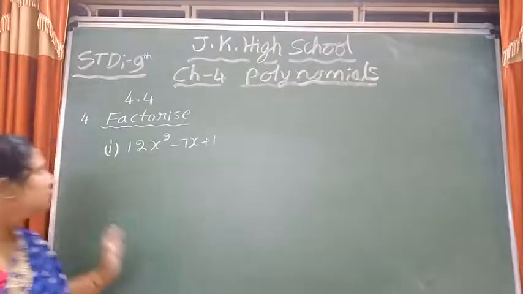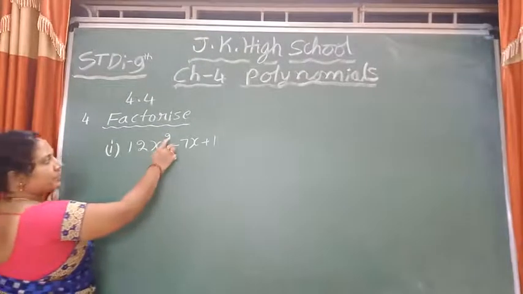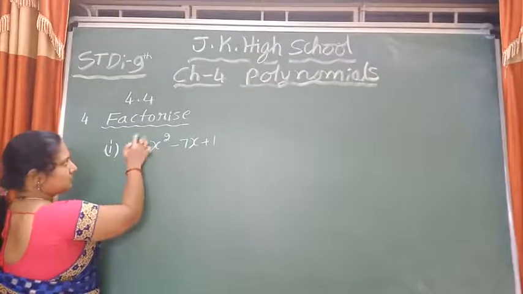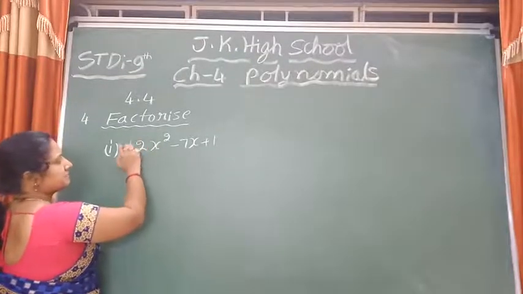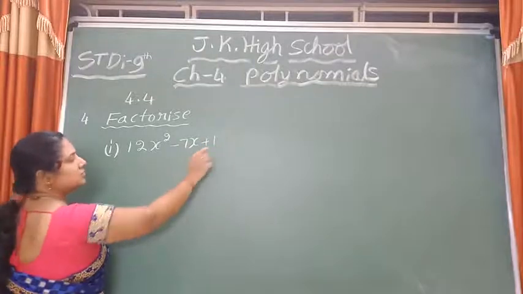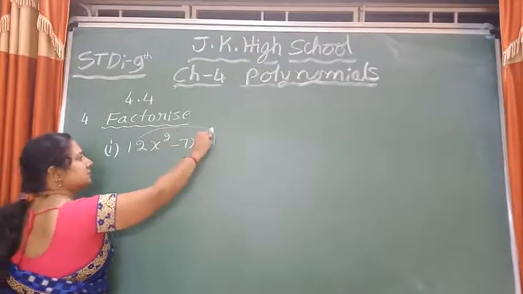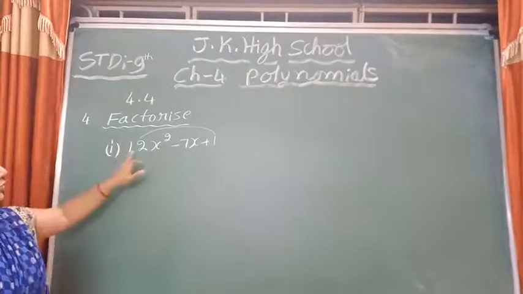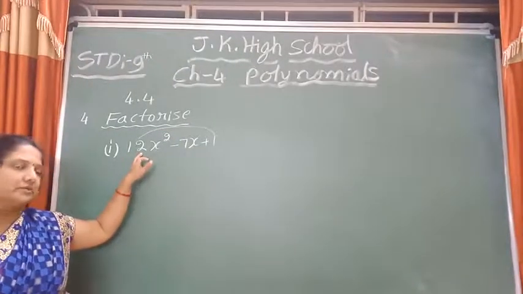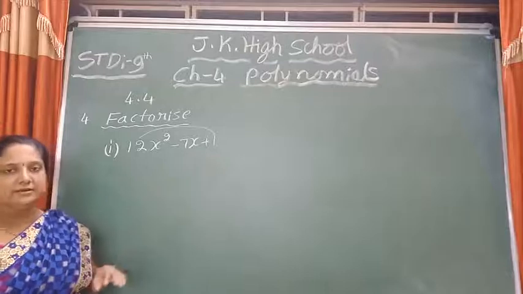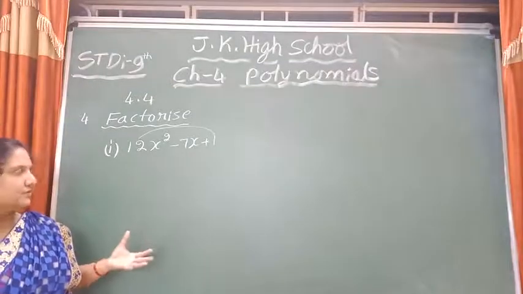First, you have to observe for power 2 term, what is the numerical coefficient? And the last term you have to observe. You have to multiply these two terms first. If no term here, you have to understand one is there. Then you can take it last term only and you can find out the factors for that.